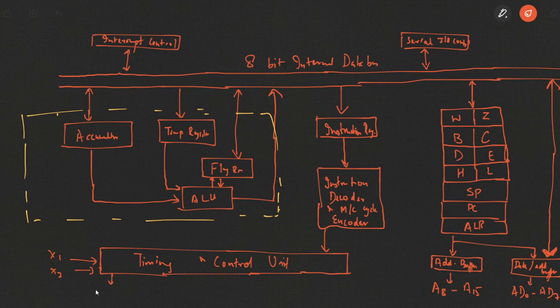We have discussed clock out, how an external device can be interfaced using clock out. There will be the ready signal, there will be read, write, address latch enable will also be monitored by the timing and control unit.